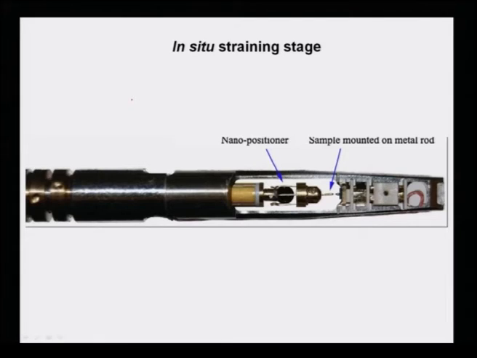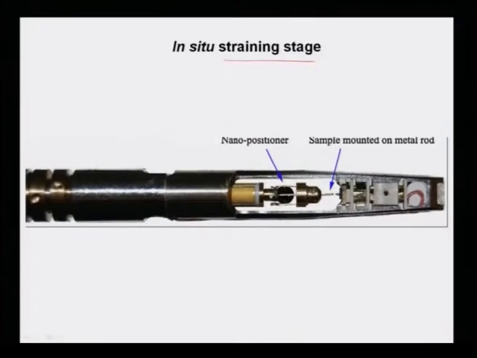Another kind of holder used in in situ microscope experiments is called a straining stage. This one is taken from Hysitron, thanks to them. So there is a holder where one can do a nano indentation test inside the transmission electron microscope column.